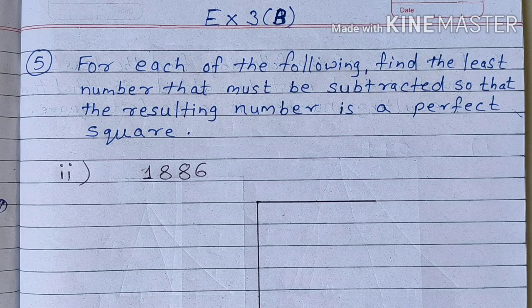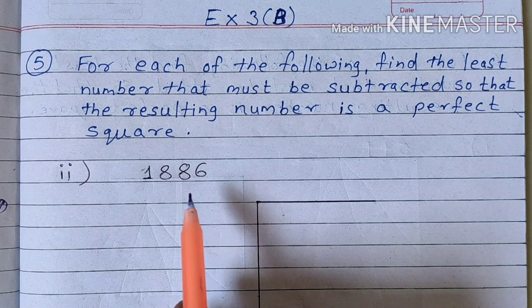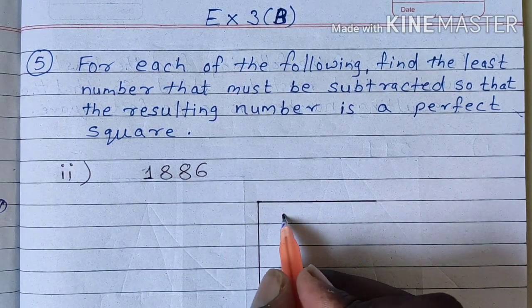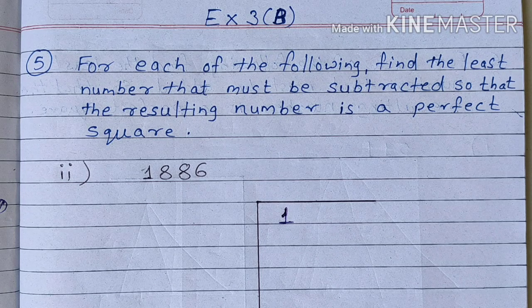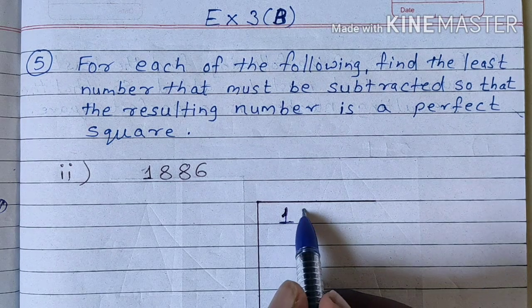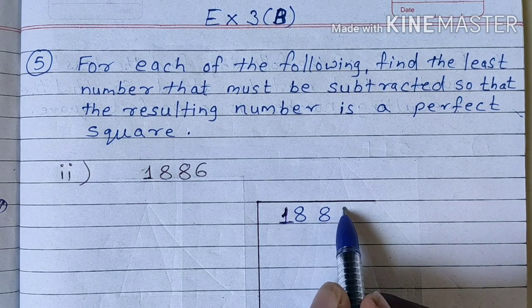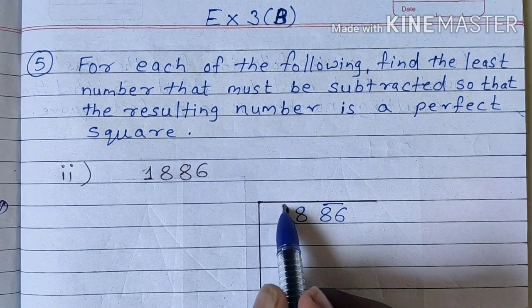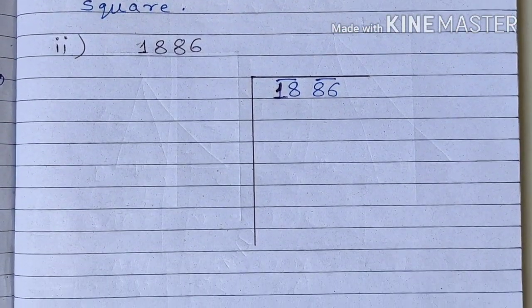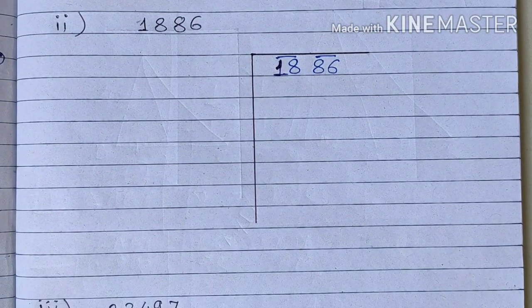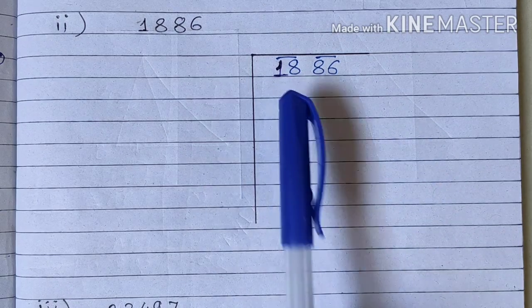To solve this, let us find the square root of it by using the division method that we have already learned in the previous videos. 18 and 86, first pair and second pair. Now students, tell me whose square is less than 18.